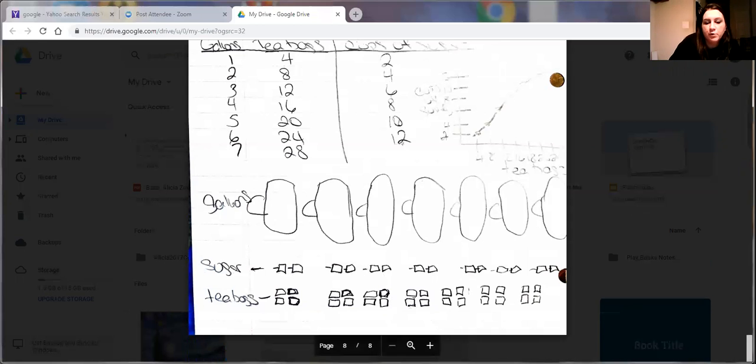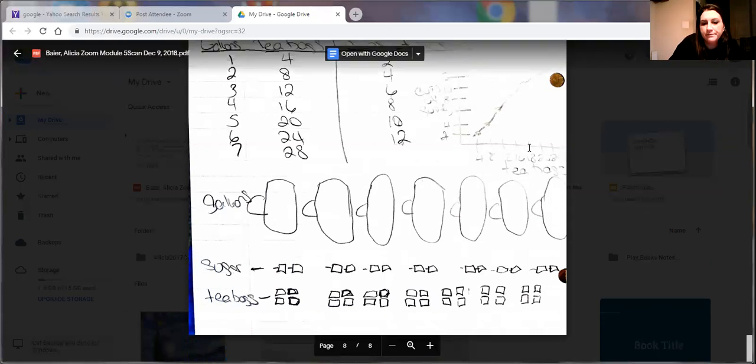So there's 4, 8, 12, 16, and 20. So he'll need 20 more tea bags and 2, 4, 6, 8, 10 cups of sugar. And this one right here shows you how many tea bags I used for each gallon and how many cups of sugar I used for each gallon.